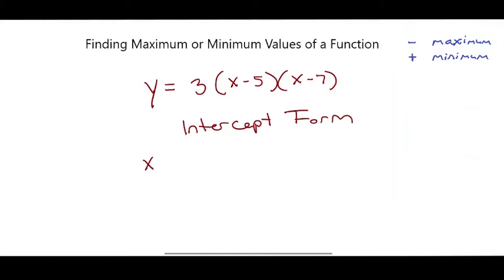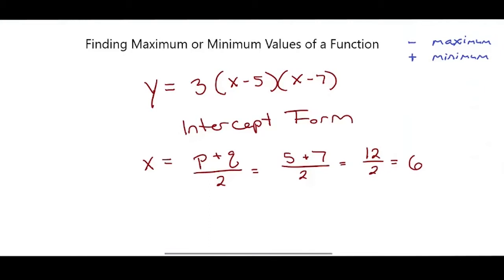I need to find first the x, and that is p plus q divided by 2. Here my p is 5, plus my q, which is 7, divided by 2. 5 plus 7 equals 12, divided by 2 is equal to 6. So the x coordinate of my vertex is going to be 6.